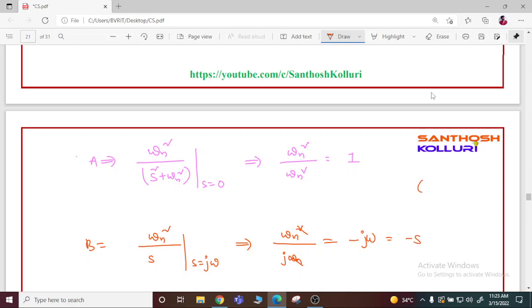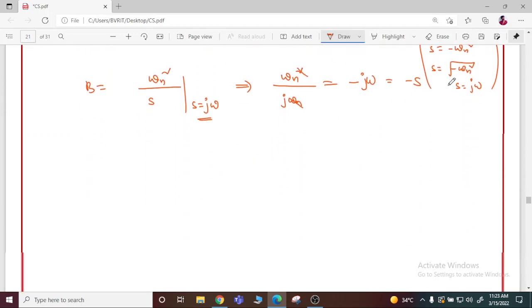So, here I have taken s square plus omega n square is equal to 0, then s square is equal to minus omega n square, and s is equal to minus omega n square under root. So, therefore, s can be kept as j omega.